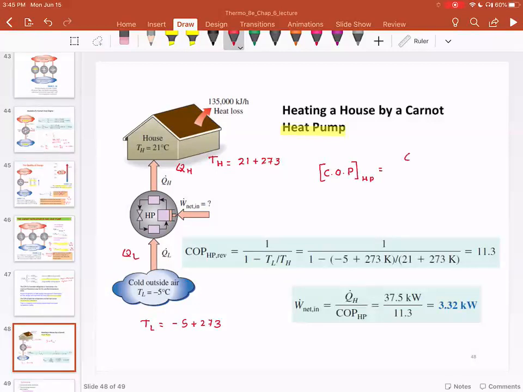The desired effect is QH divided by work done, QH divided by QH minus QL. This can be written as TH divided by TH minus TL.